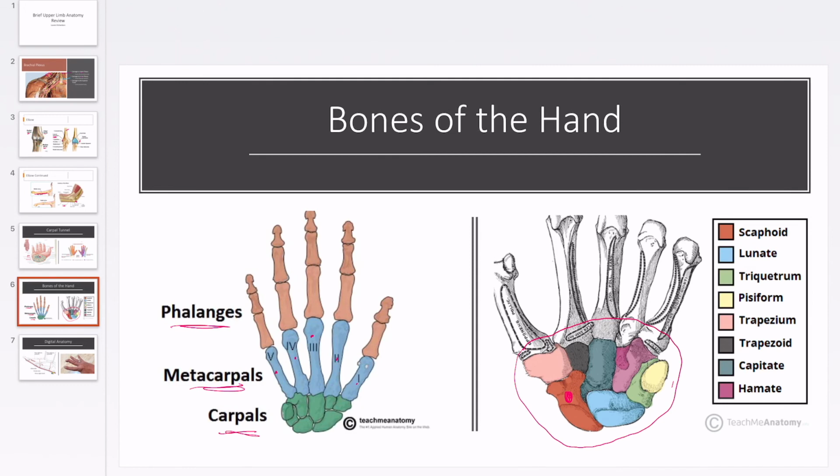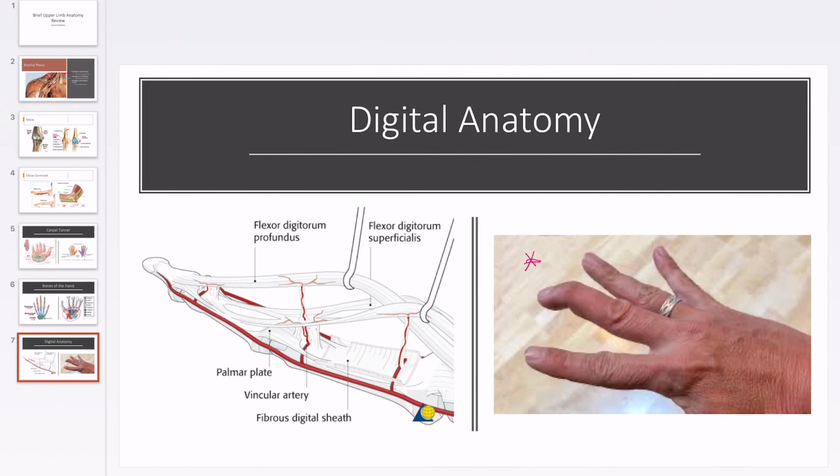All right, so lastly, let's talk about a little bit of digital anatomy. You can see here, obviously, this is a clinical thing that's happened, but if we discuss the anatomy here, you can see there's these tendons that go on the finger, and this is your flexor digitorum profundus. It goes through your superficialis, so this is your superficialis here.